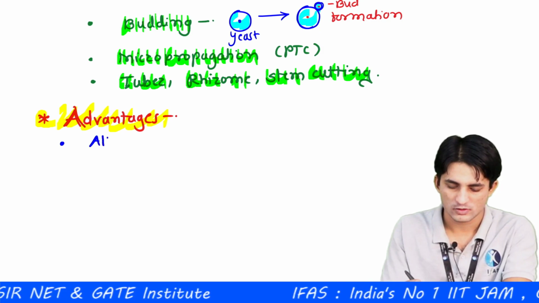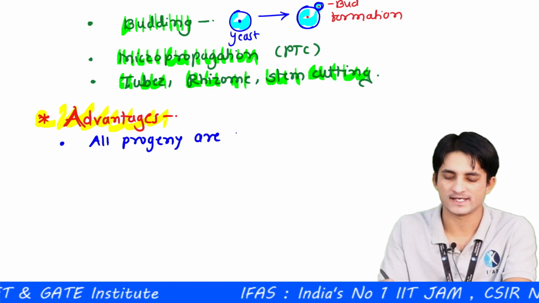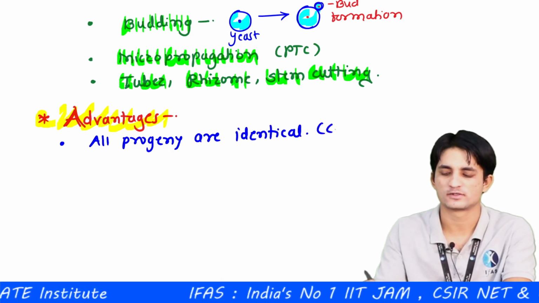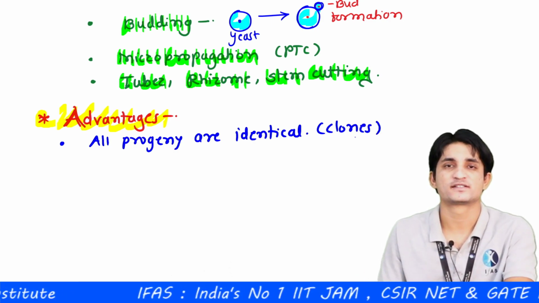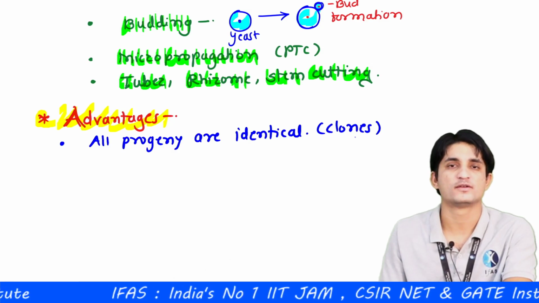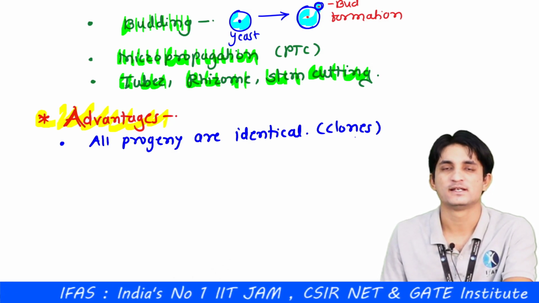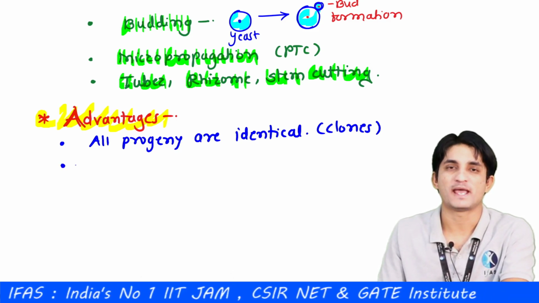So all progenies are identical, so no variation is produced. There is clone production, that is the major advantage. All bacteria or whatever organism is reproduced through asexual methods, they are identical to the parents.